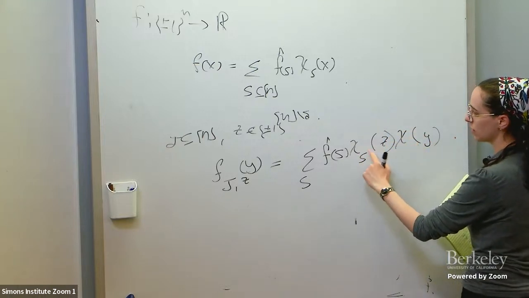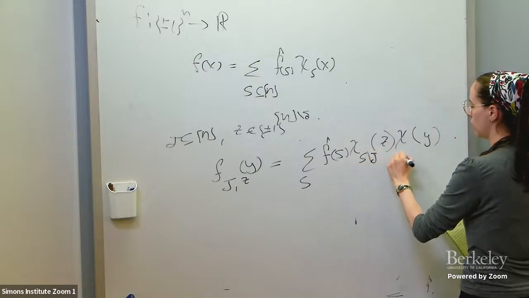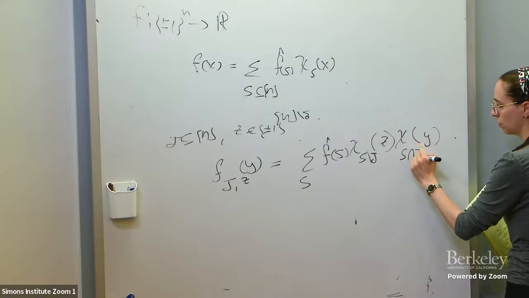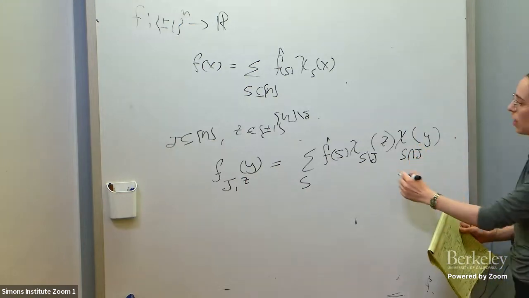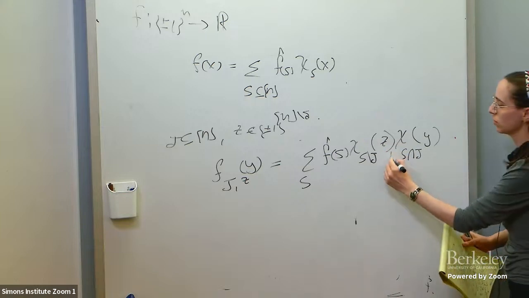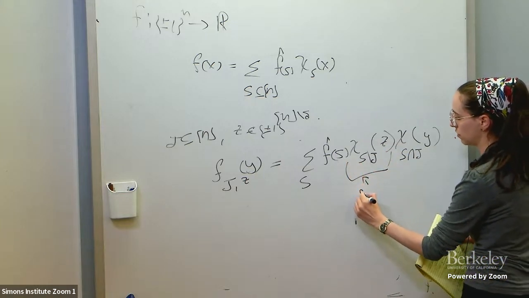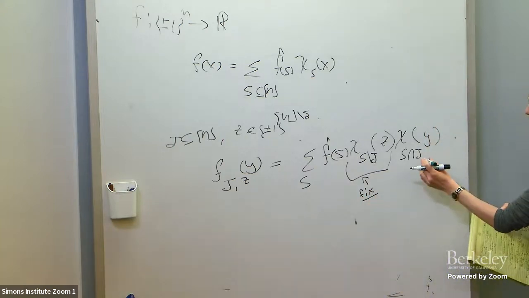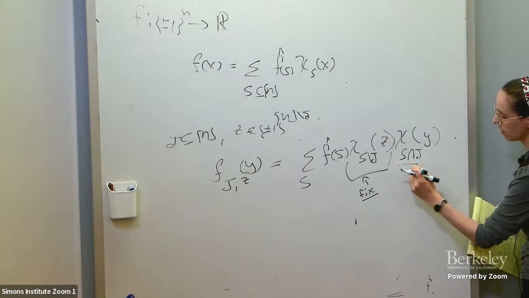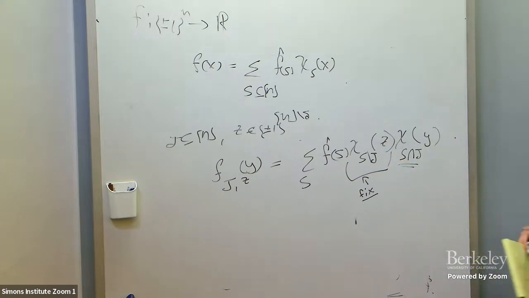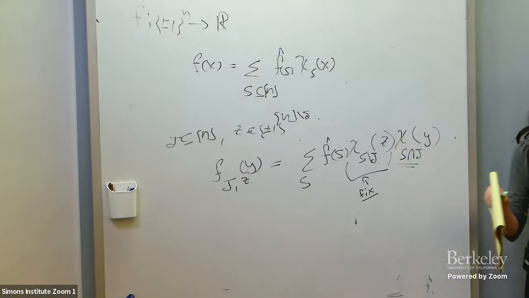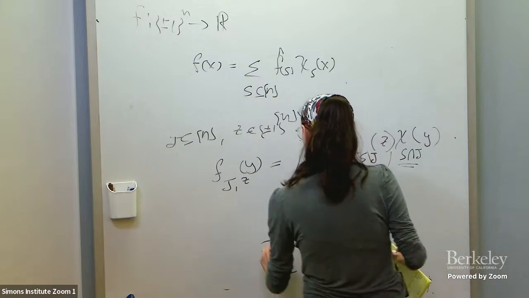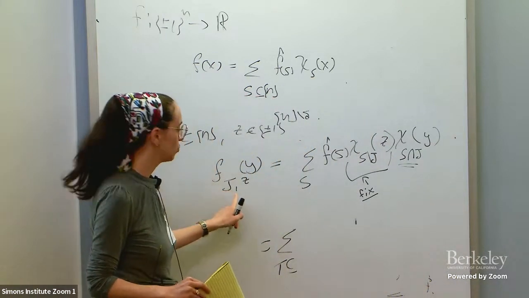So z is outside J and y is inside J. And now z is fixed, so this thing becomes constant. And the character here is now associated with S intersection with J. And we have many of them in this summation, so let's group all of them together. And what are the characters that we're going to have here?